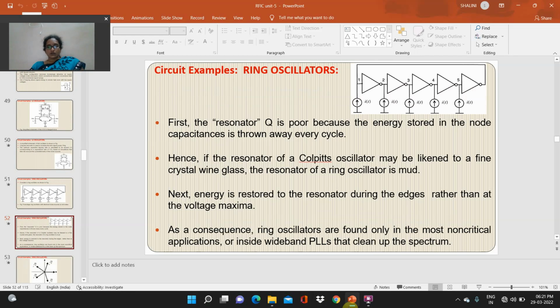So, if the resonator of a Colpitts oscillator may be likened to a fine crystal wine glass, the resonator of a ring oscillator is mud. Next, energy is restored to the resonator during the edges rather than at the voltage maximum. As a consequence, ring oscillators are found only in the most non-critical applications or inside wideband PLLs that clean up the spectrum.